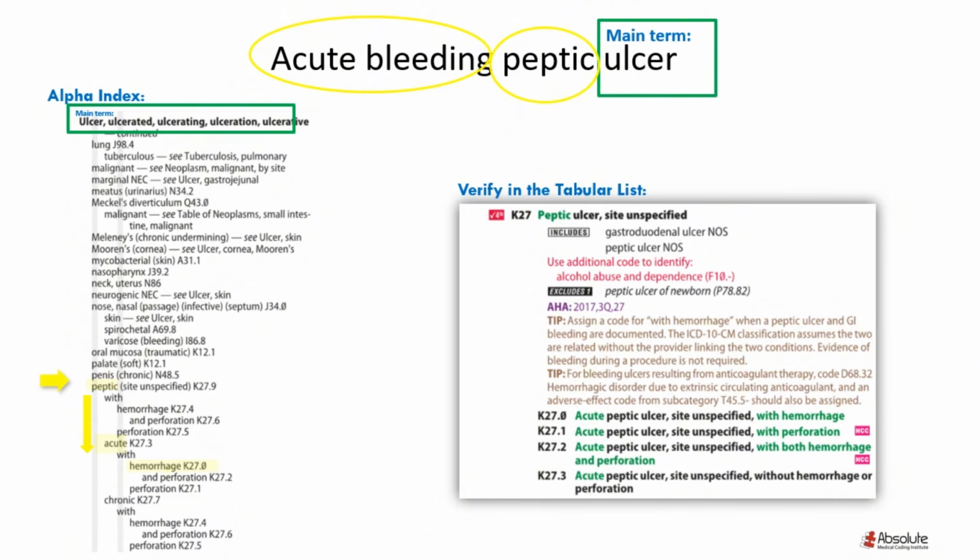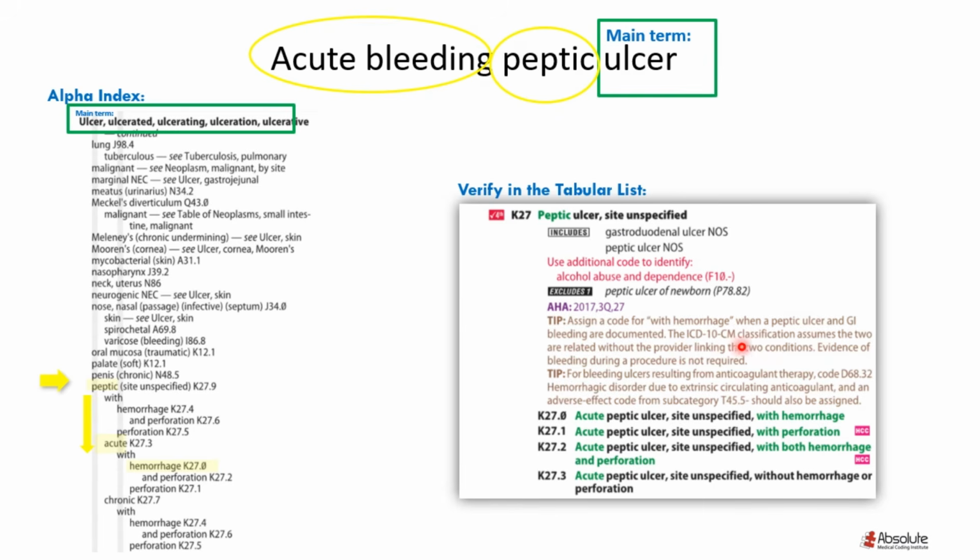All right. What I do want to draw your attention to is this coding tip. This is how I knew that I could code bleeding as hemorrhage. Assign a code with hemorrhage when a peptic ulcer and GI bleeding are documented. We do have bleeding documented.